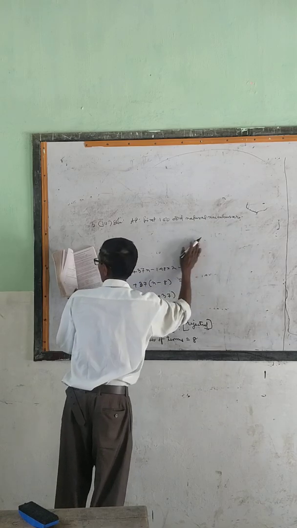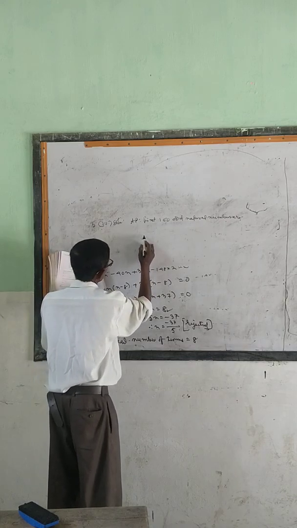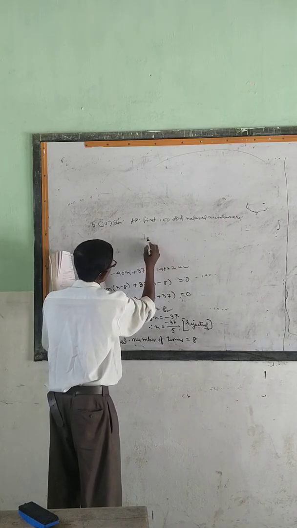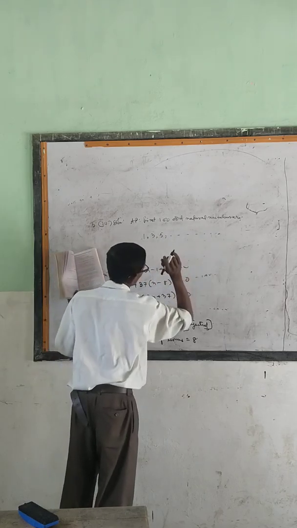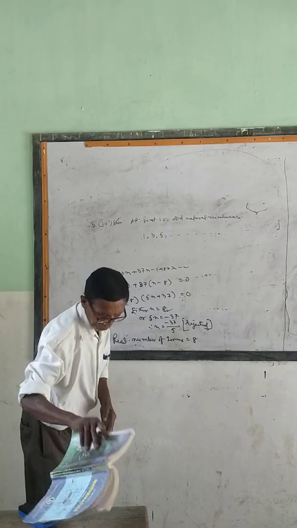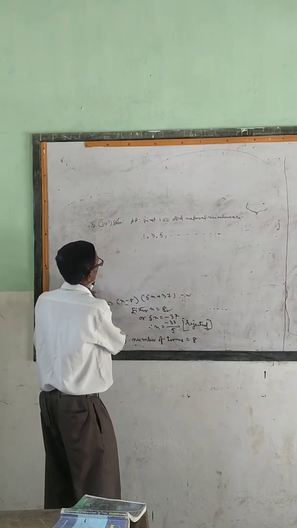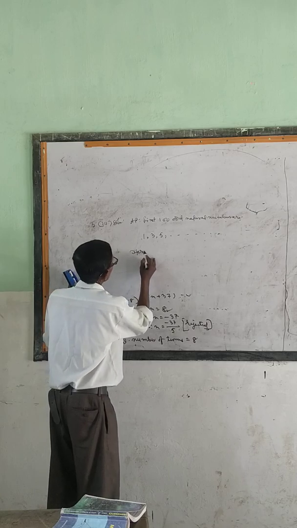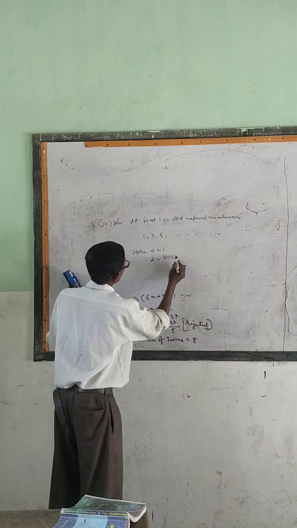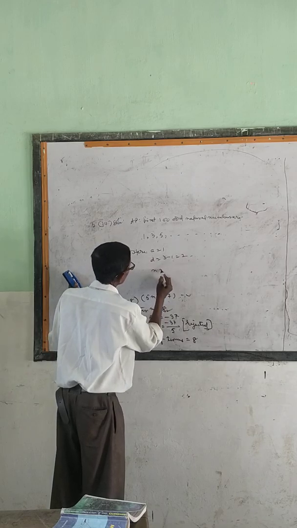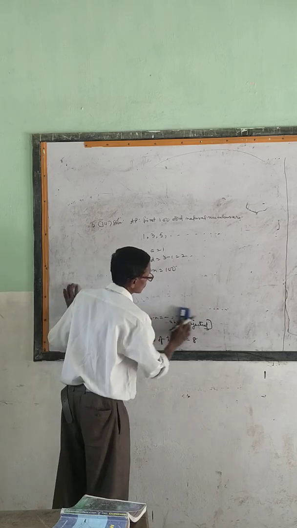are how much? Natural odd numbers are, I think they say 1, 3, 5 and so on. Up to 100 terms. So here A equal to 1, d equal to 3 minus 1 equal to 2, n is 100. We know that the formula of Sn equal to how much?